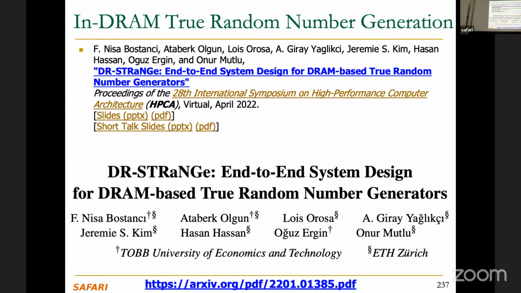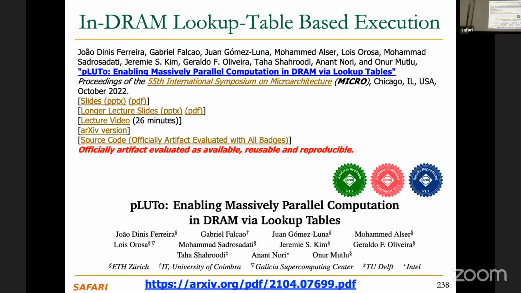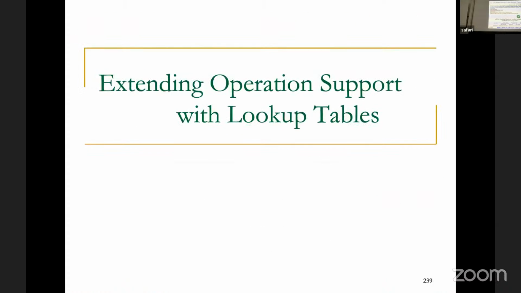There are those two works, and this is an end-to-end system to make use of those two random numbers. And finally, we can also implement other transcendental functions, for example, sine, cosine, logarithm, and square root operations in a similar way inside the DRAM using lookup tables.